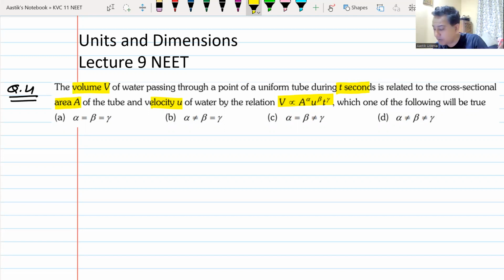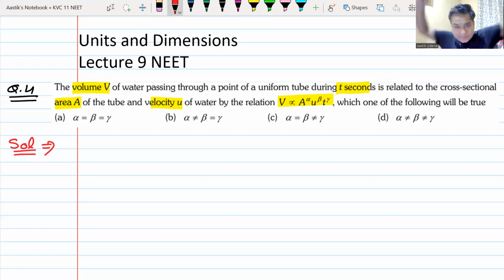We have to find the dimension of V in terms of A, U, and T to find out the value of alpha, beta, and gamma, and then tell which of the following options is correct. I'll give you a minute. Can you do this, everyone? Will you be able to solve this? So I'll give you a minute to try this and tell me which one is the correct option.